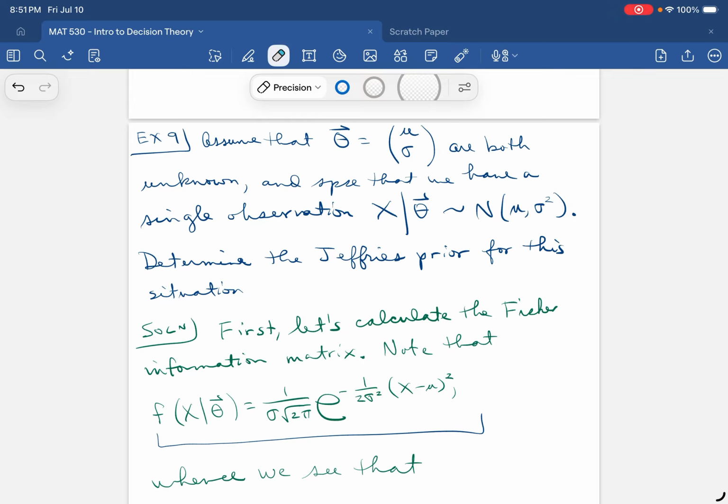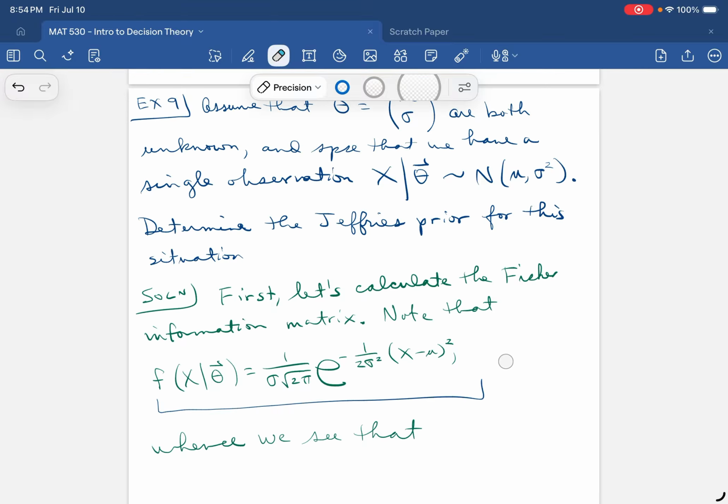So first we need to use that formula, which hopefully at this point we're all familiar with, which is the formula for the PDF of a normal distribution. But remember, for this calculation, we're regarding the x as given or constant and the variables as the mu and the sigma. So we're going to regard this as a likelihood function and not a density.